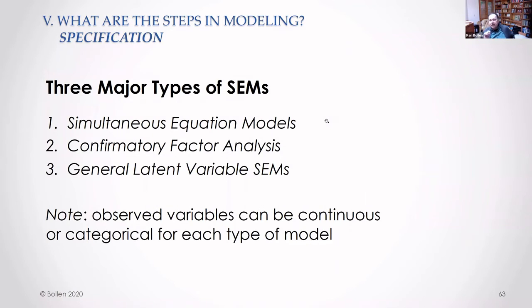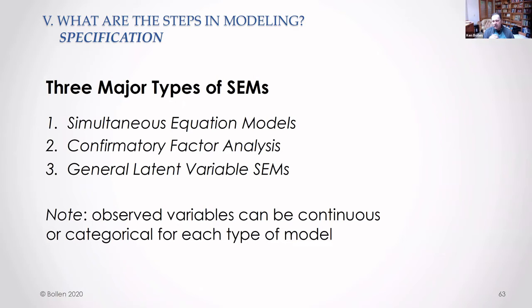There are three major types of specifications. And this gets back to the point I made in part one of this overview. I said that structural equation models, one way you could view them is as a very general statistical model. And this is reflective of that, because a subtype of the general structural equation model that we showed you, that two equation system, are simultaneous equation models.